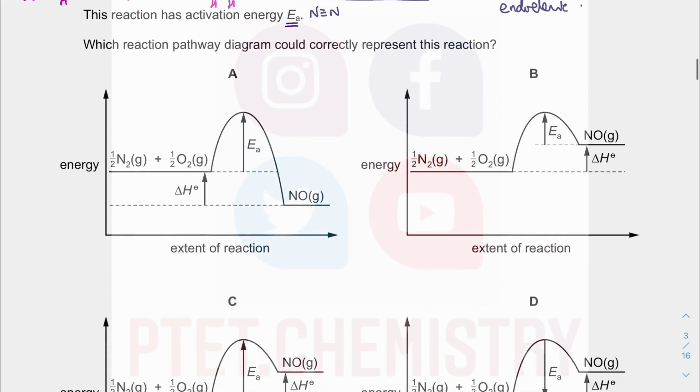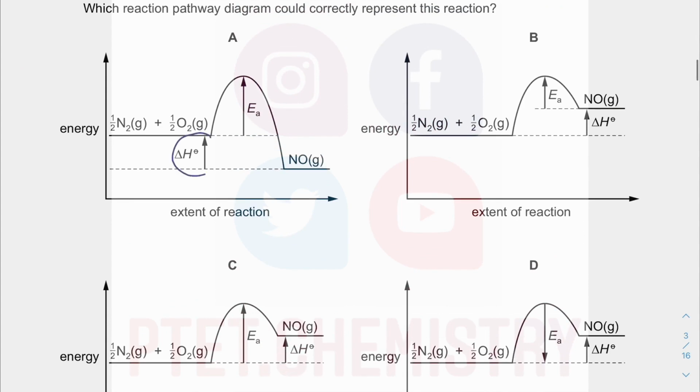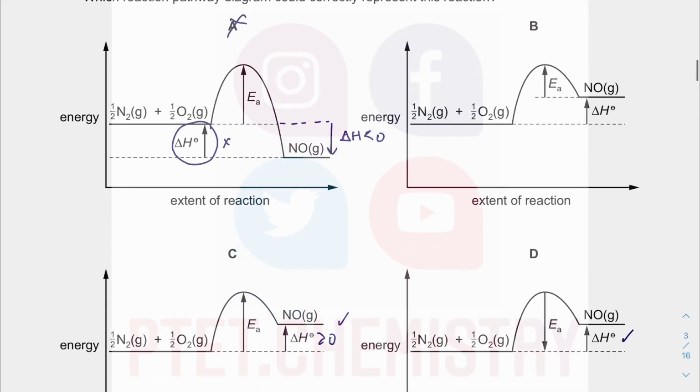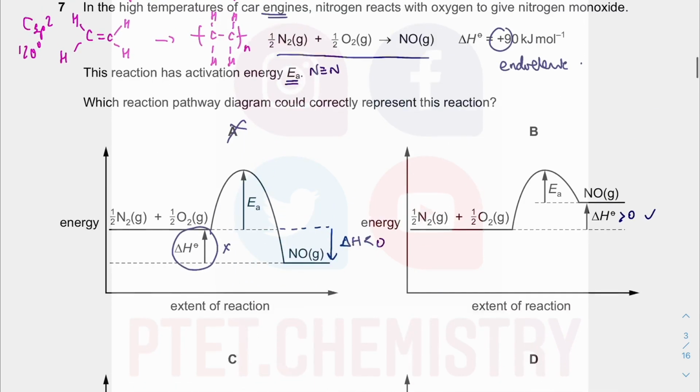This option is incorrect because enthalpy change is from the reactant to the product, and that's less than 0. Enthalpy change from the reactant to the product is endothermic, that's greater than 0, that's fine. So that's the first bit.